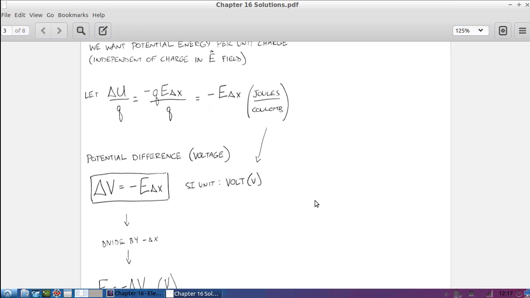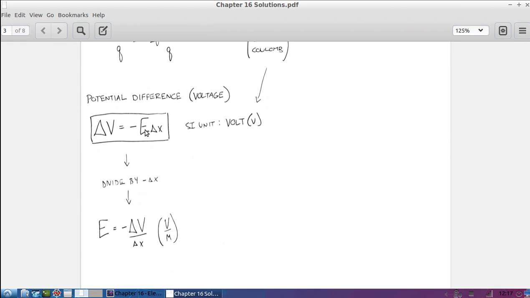So that's potential difference. Now this is an important property, an important relationship between electric field and voltage. If I divide both sides by negative delta x, I get that the magnitude of the electric field is equal to the negative change in potential with respect to position. So it's a change in voltage with respect to position.